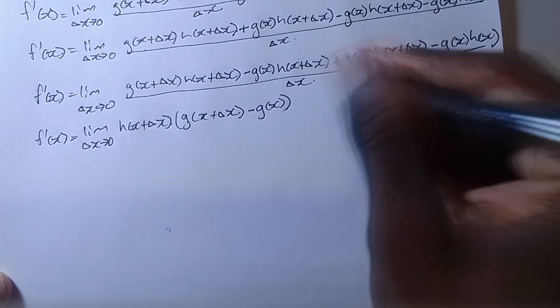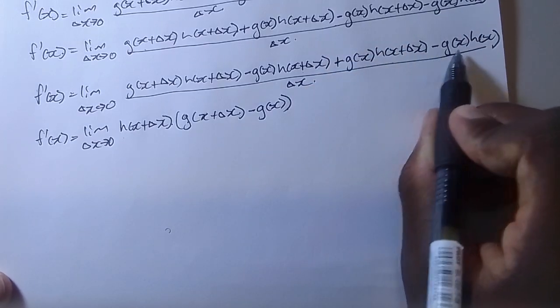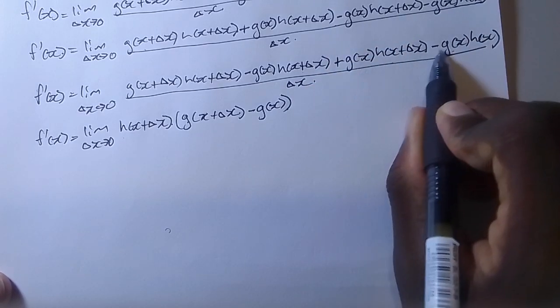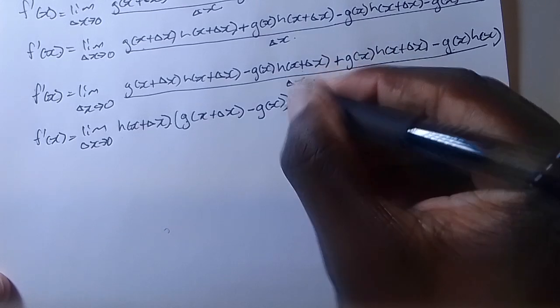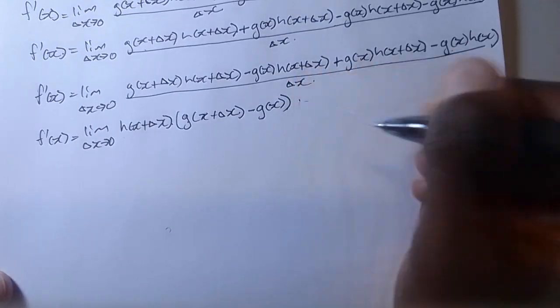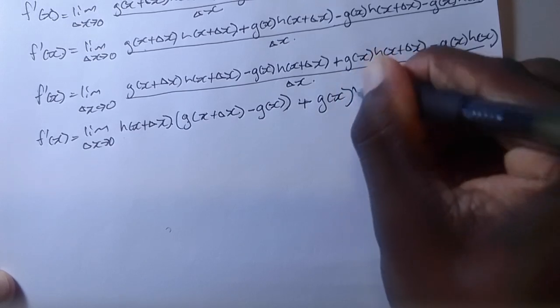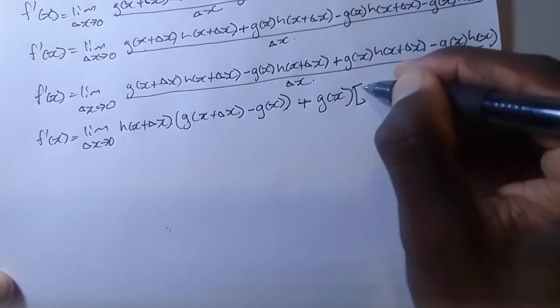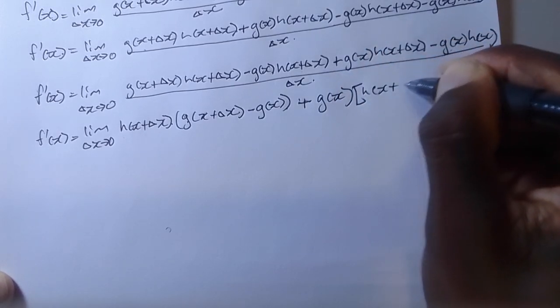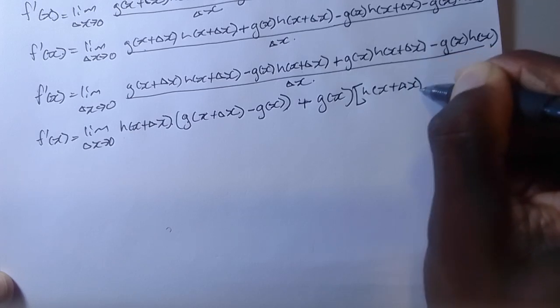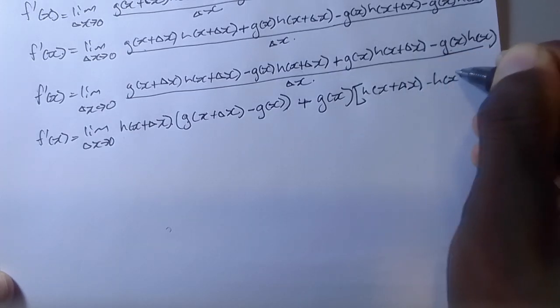And then this side, you will take out g of x as a common factor. So you have a plus there. You take out g of x as a common factor. You have h of x plus delta x minus h of x.